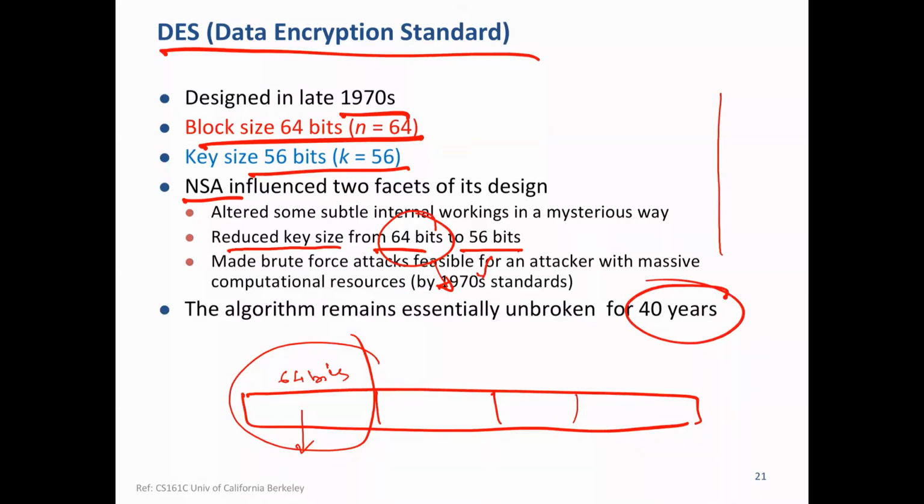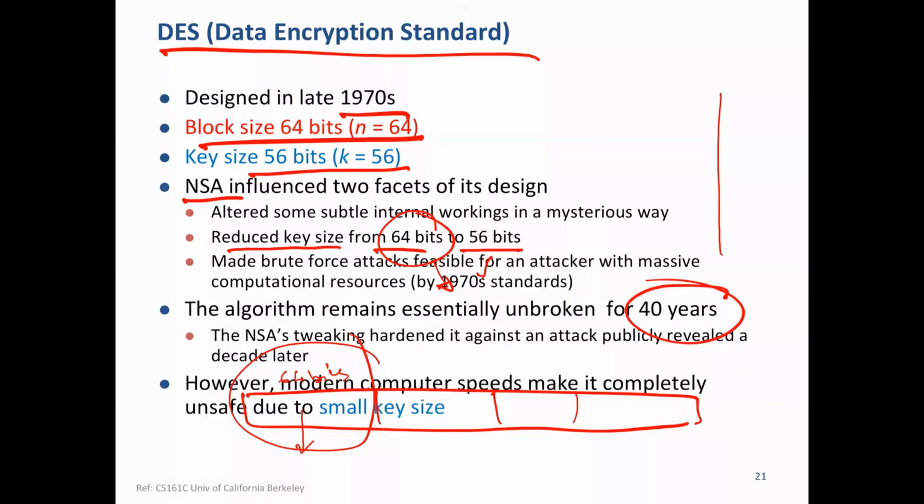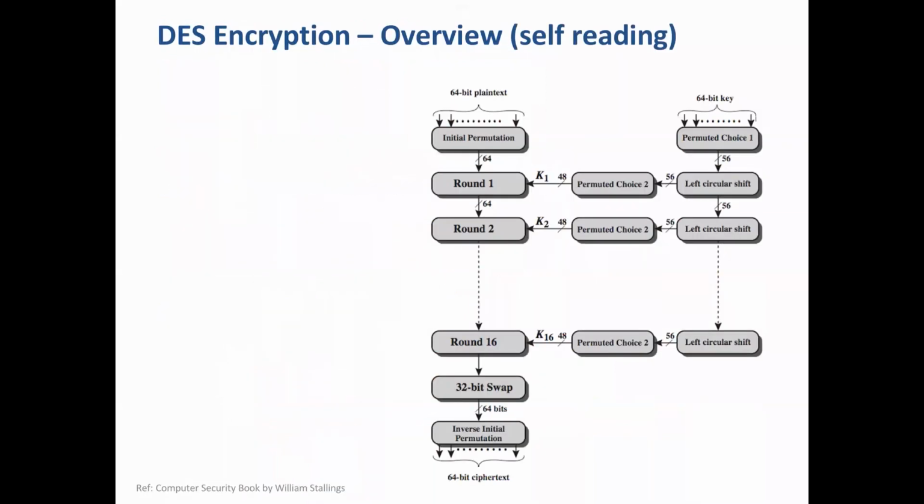And then when more powerful computers and more tools came, people realized that this algorithm is not sufficiently secure, but it still is in use. Then they retweaked this algorithm, and later on they realized that the 56-bit key is not good enough, so they increased the key size.